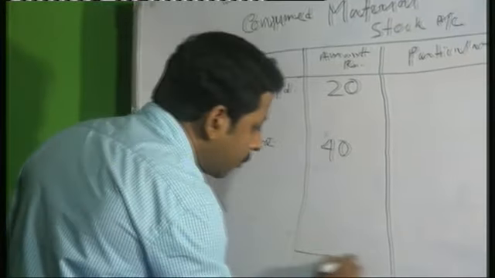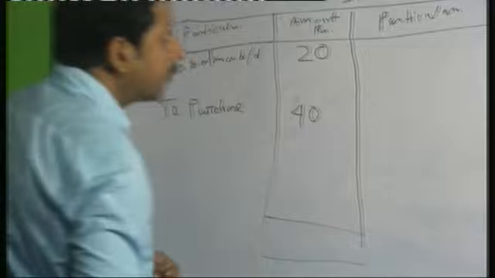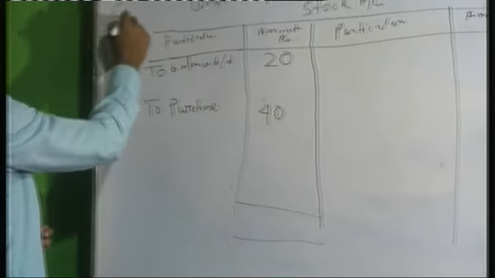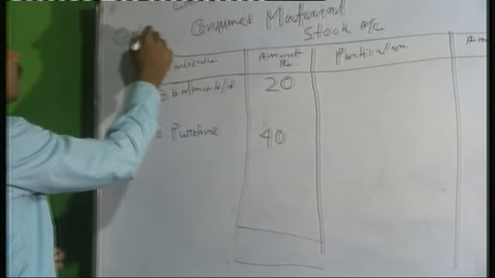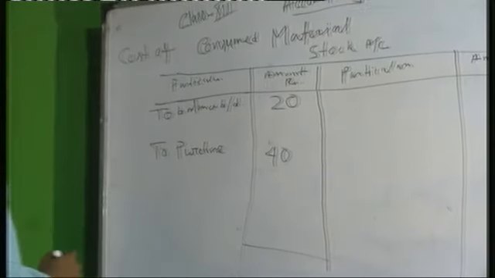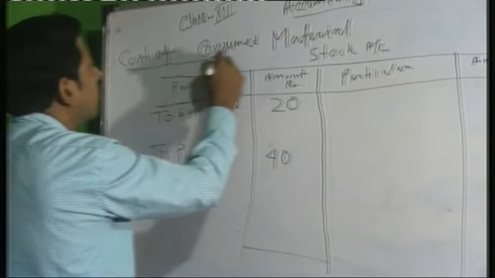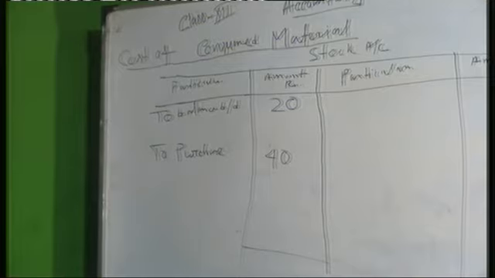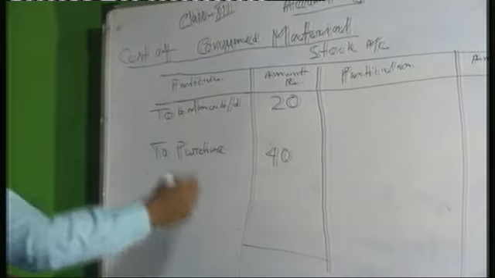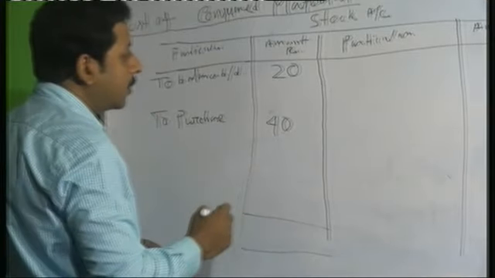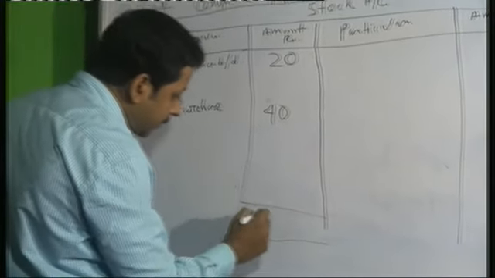So this total is the cost of material, not the cost of material consumed. Cost of material, sorry. That is 60.